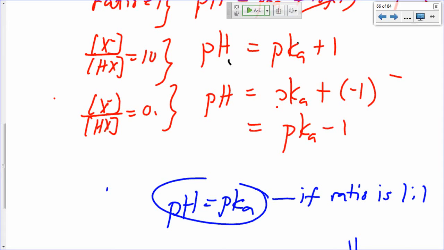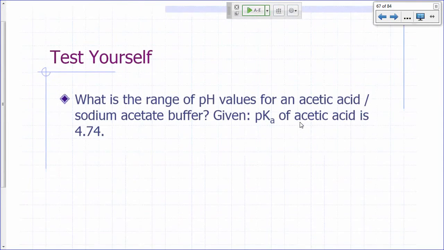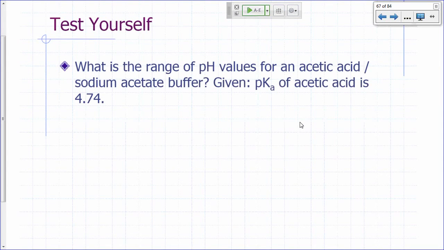So you would expect your pH then to be pKa minus 1. So if you know the pKa of your weak acid, then the buffer that you can expect to make from that has to have a pH that's somewhere between pKa minus 1 and pKa plus 1 for it to be a good buffer. It works best that way. So what's the range of pH values for an acetic acid sodium acetate buffer if the pKa of acetic acid is 4.74?